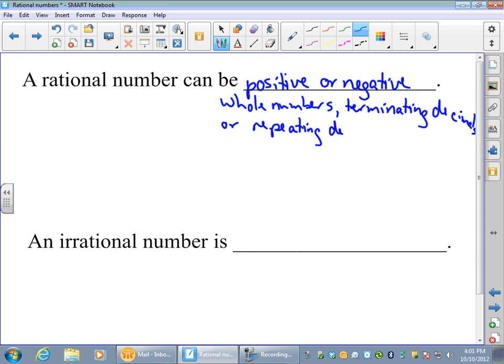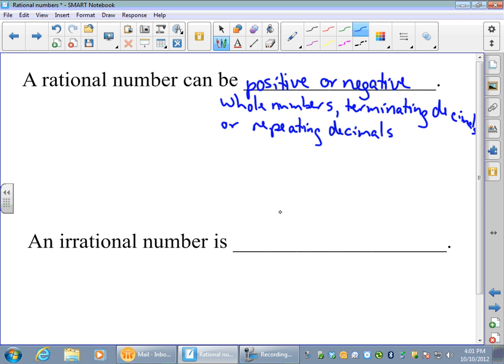And obviously, by definition, it's fractions. A rational number can be written as a fraction. So if you see a fraction, you know it's rational. And all of these things, whole numbers, terminating decimals, and repeating decimals, can all be written as fractions. So they're rational. And it doesn't matter if they're positive or negative.